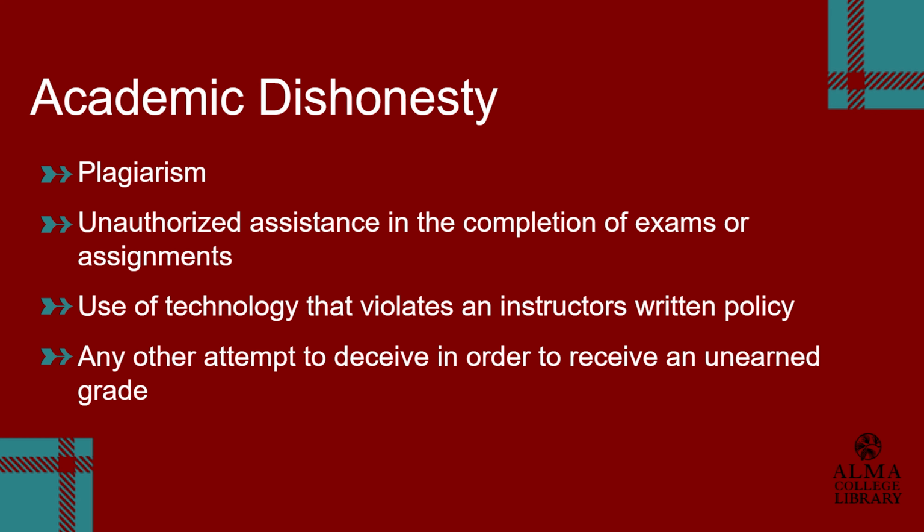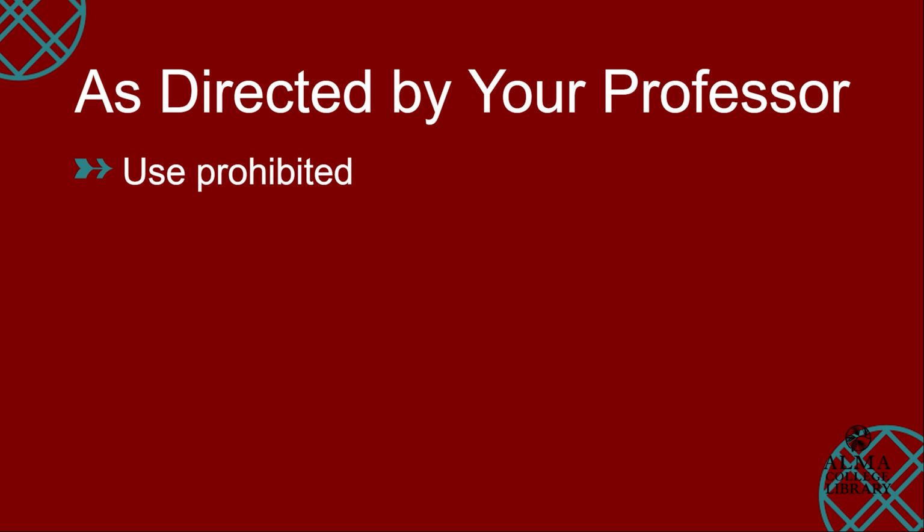Your professors will create AI policies for each class. Make sure that you read your class syllabus carefully so that you understand what is acceptable. The following are examples of how your professors might approach generative AI use in class. Number 1, use prohibited.